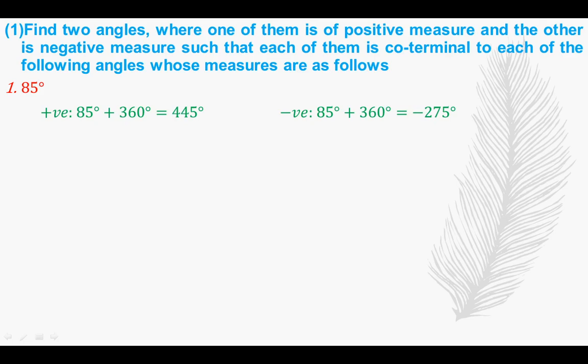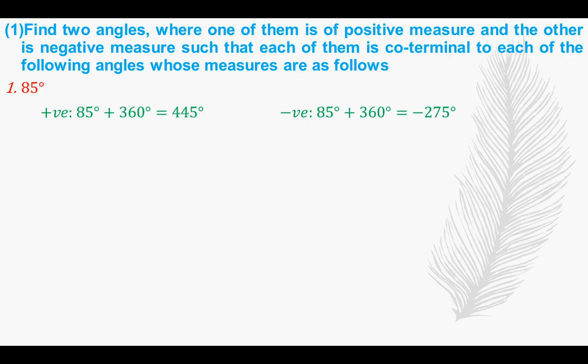To find a positive coterminal angle, we add 360, and to find a negative coterminal angle, we subtract 360 from the given angle. For example, here we have 85. To find a positive coterminal angle, we add 360.